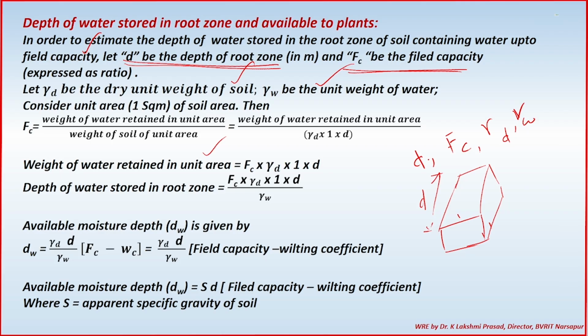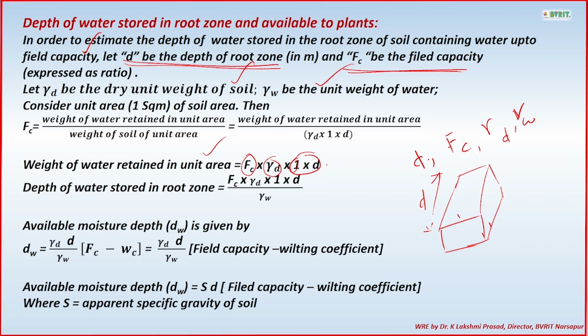Gravitational water is drained off, and hygroscopic water is not there. So it is field capacity, that is the first thing. And the depth is D, so the area times depth is D into 1.